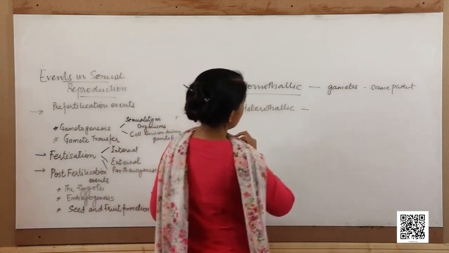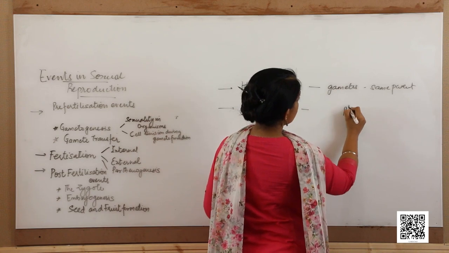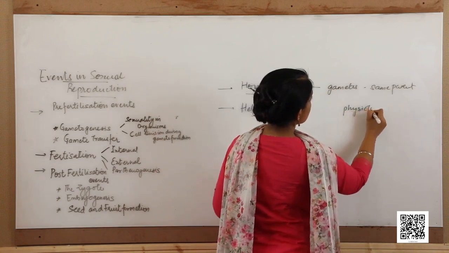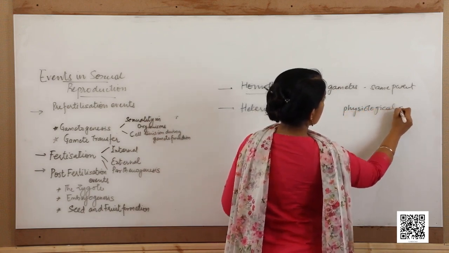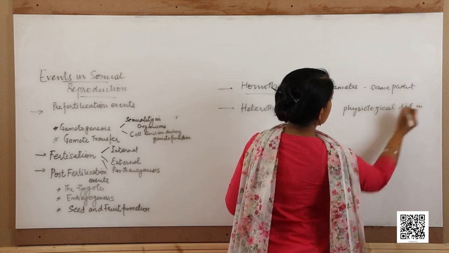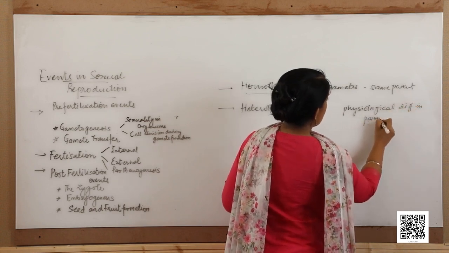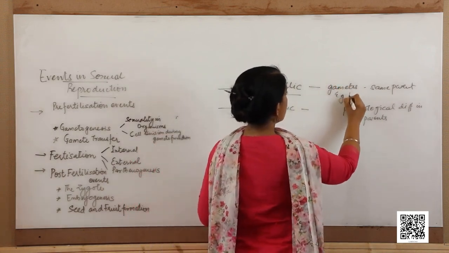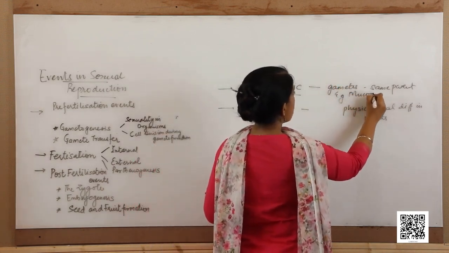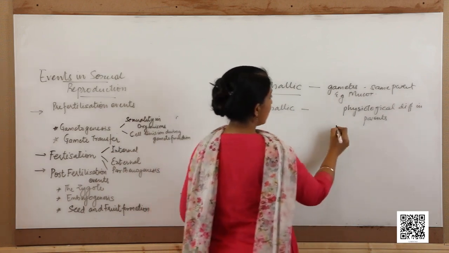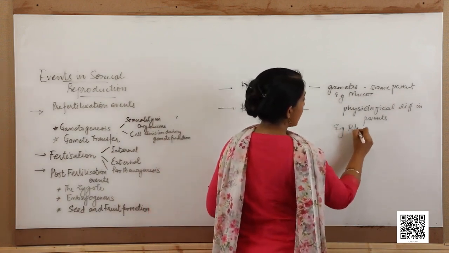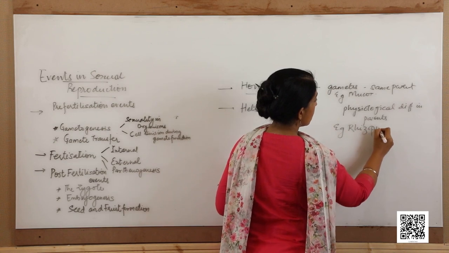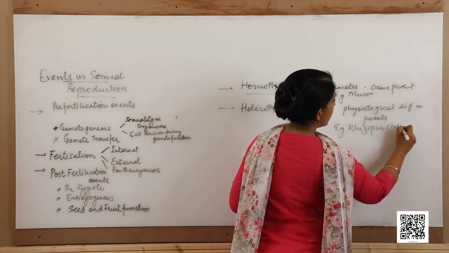An example of a homothallic individual is Mucor, and that of a heterothallic example is Rhizopus stolonifer.